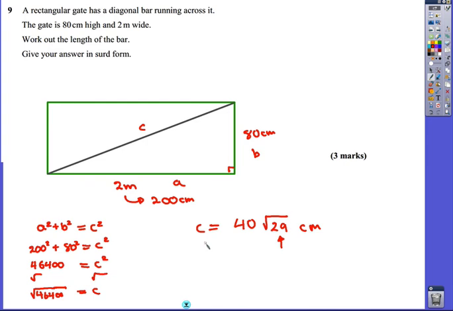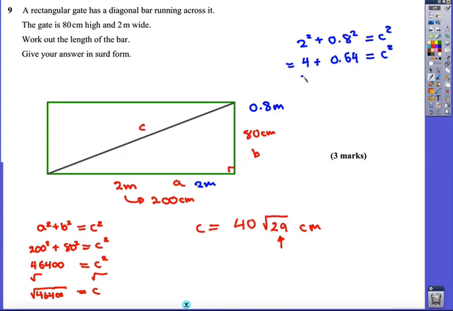Now, one student made them all into meters. So I'm just going to quickly do that, show you that it still works. So 80 centimeters is 0.8 meters, and 2 meters is still just 2 meters. So they've done 2 squared plus 0.8 squared, and that's going to give us 4 plus 0.64, which equals c squared.